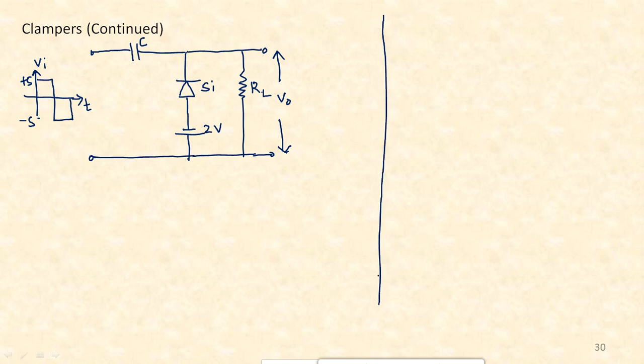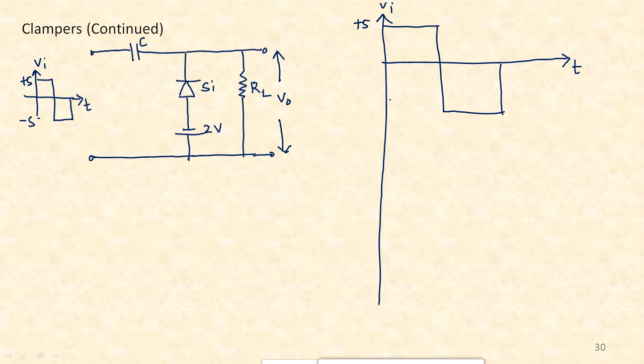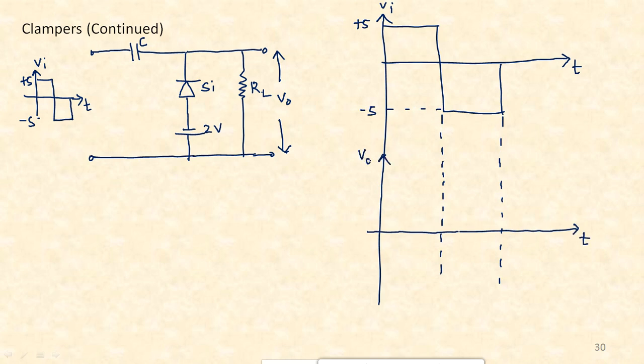Let me check for the waveforms. Plus 5 and minus 5. Again, for better clarity, I'll be drawing the vertical lines. Output V naught. Okay, so let's try to analyze it. What is the first step?